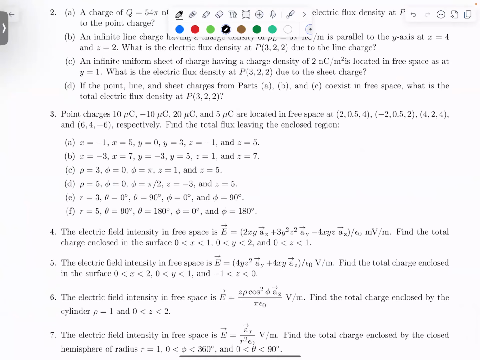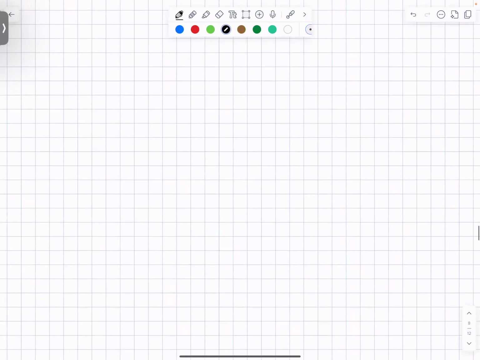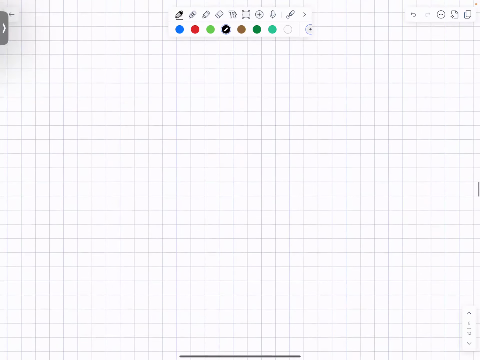When using capital E, that's for electric field intensity. When using capital D, is that also another electric field intensity, or is that used for another quantity? Because I know with magnets there are a bunch of them. Can you repeat just the last sentence? Is capital D also used commonly for electric field intensity, or is the capital D field different from the capital E field? They are different quantities.